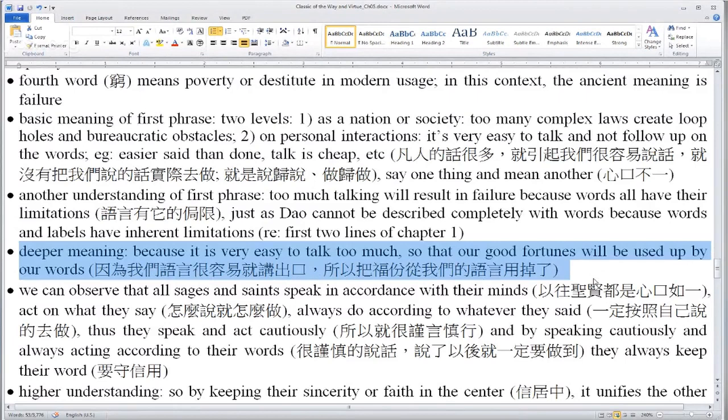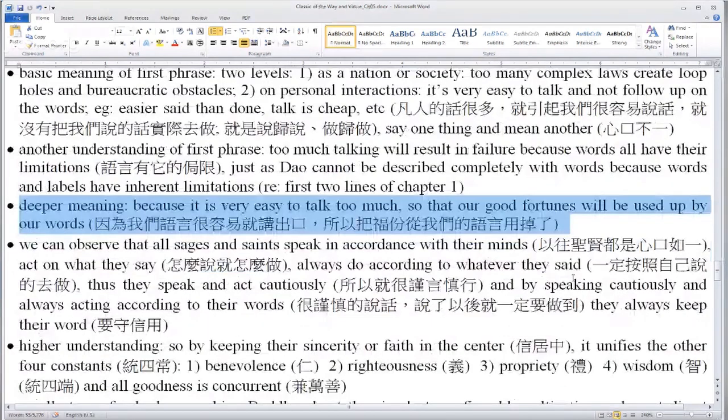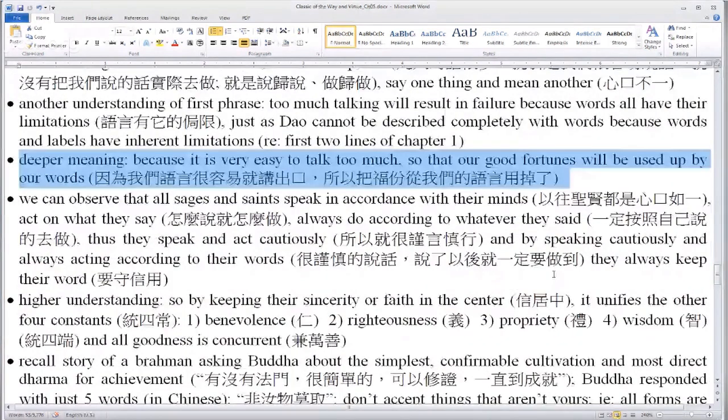So actually we use it up. That's why, if you want to preserve your wealth or fortune, we should speak less, or not waste it away with our words.